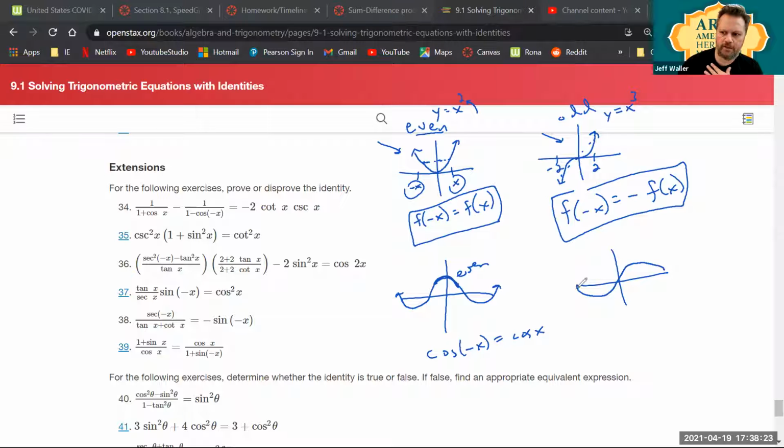In fact, right in the middle, it sort of looks like a cubic, doesn't it? You see that right in the middle? So that's going to have odd symmetry. So sine of negative x equals negative sine of x. So that will help you out with some of this stuff in here. What do you think secant does? Which kind of symmetry do you think secant has?